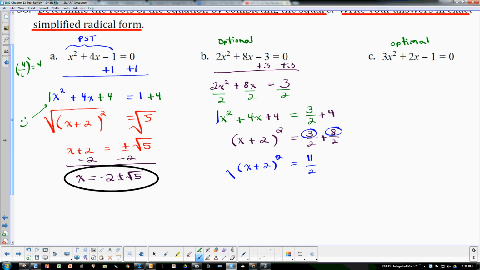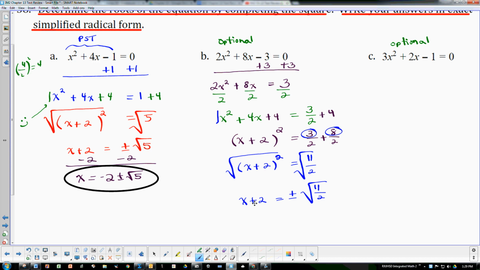And what we can do right now is take the square root. We have x plus 2 is equal to plus or minus radical 11 halves. Now, in some cases, you might want to rationalize this, but we're just going to leave it alone for now. We learned how to rationalize already in Integrated Math 1 and in Integrated Math 2.